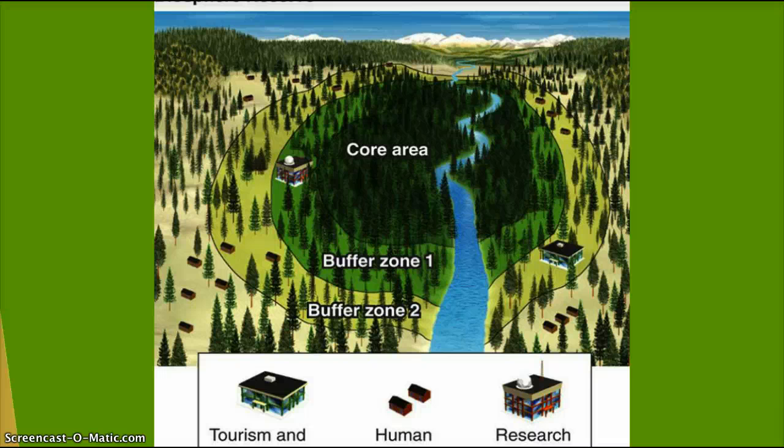And then you have another buffer zone outside of that that allows for more human interaction. This might be something where you have tourism, or you might have hiking trails or things like that, that brings income to help pay for this protected area. So these buffer zones allow us to protect that center area.